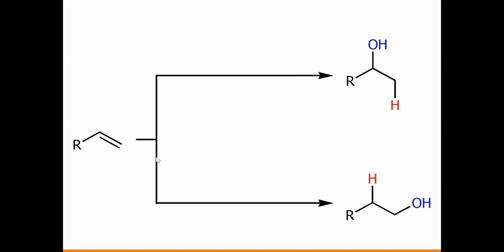And this one follows the Markovnikov's addition. So you can have your H and water as your agent. That is the hydration process, which means you have acid catalyzed hydration, or you can follow the oxymercuration demercuration process. So if you want to follow Markovnikov's rule, you can use this.